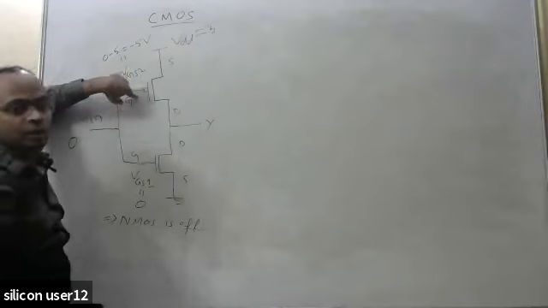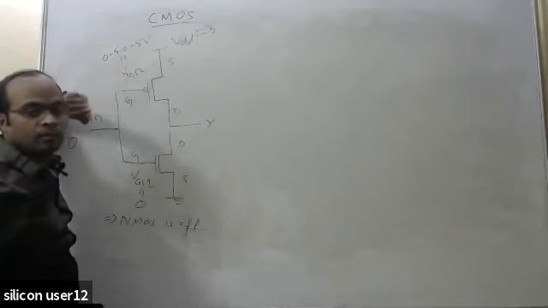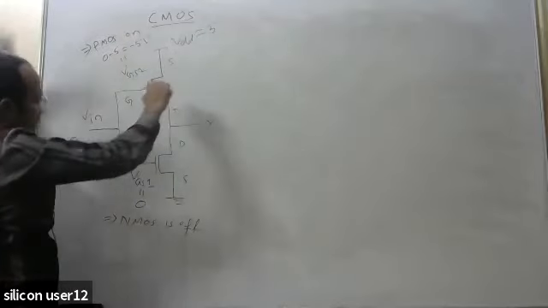If I am applying a negative voltage to the gate terminal of the PMOS, will the channel be formed or not? Formed, sir. Okay, so the channel is formed, which implies the PMOS is on. PMOS is on, so that means it is conducting.